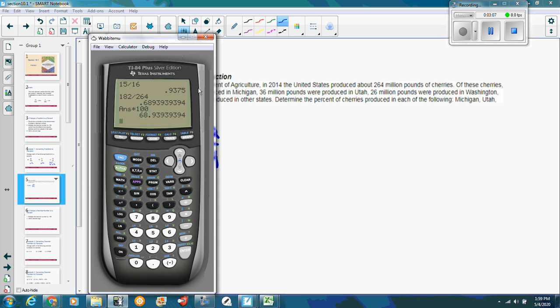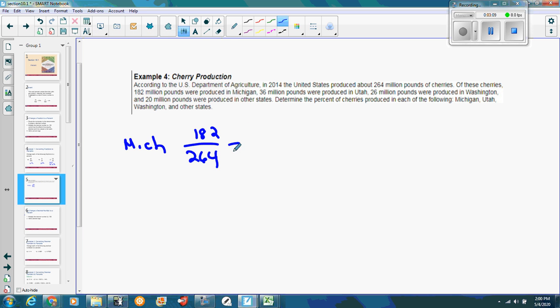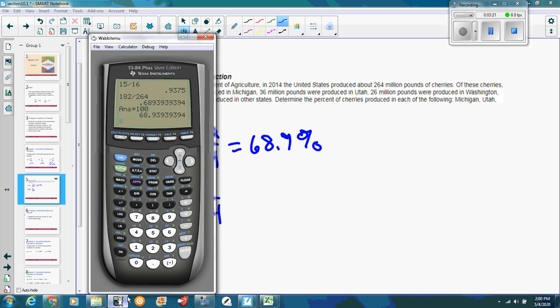So it's 68.9%. So this would be 68.9%. Okay, so for Utah, that's 36. So you do 36 over 264. So I'm going to do 36 divided by 264 times 100, and I get 13.6%.